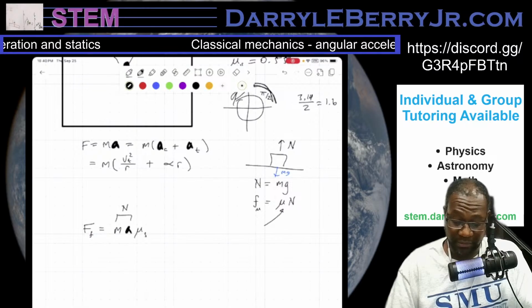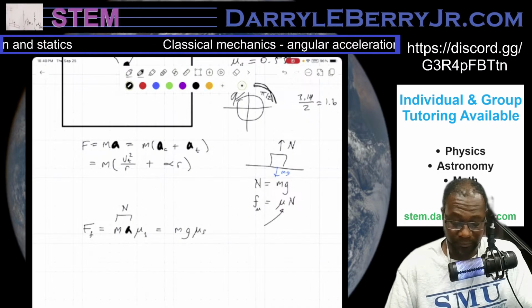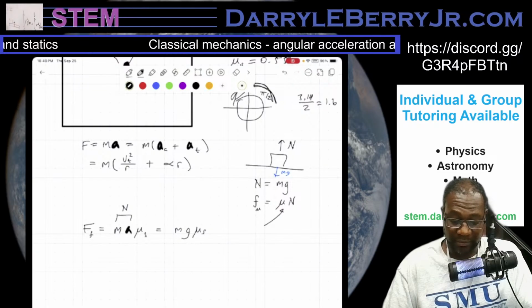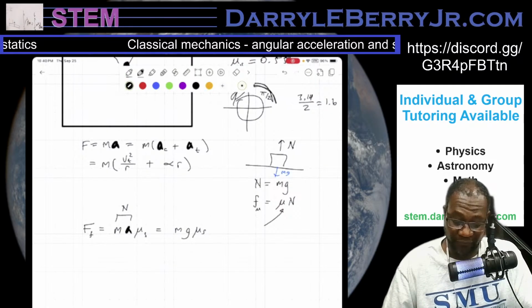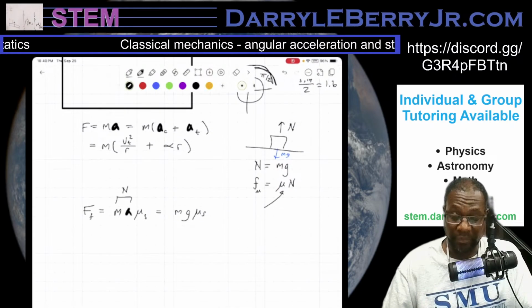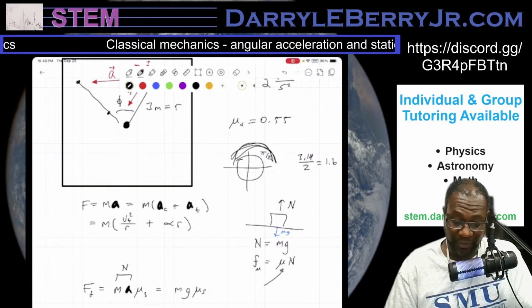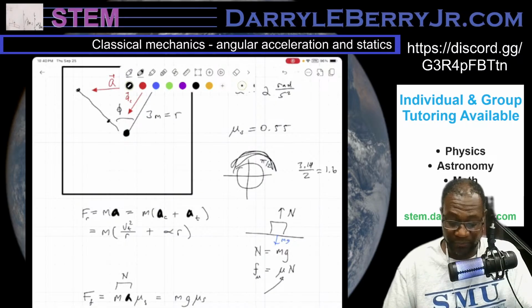So this is mg, because the acceleration is going to be gravity, and we know that this force has to be surpassed by the other force if it's going to slip. I'll call this F_R for force of rotation.